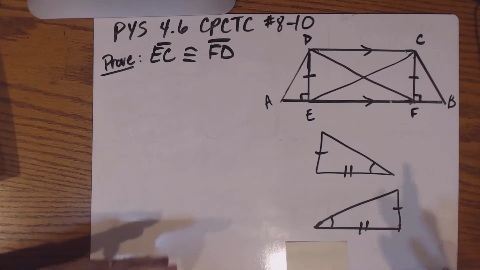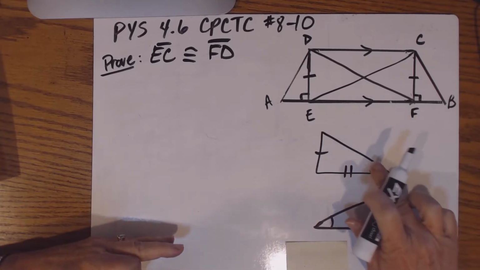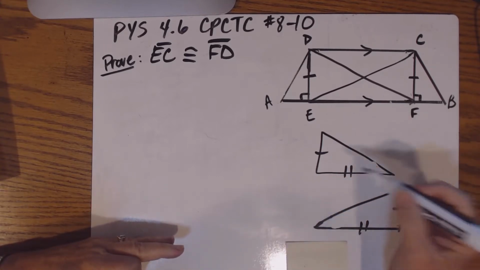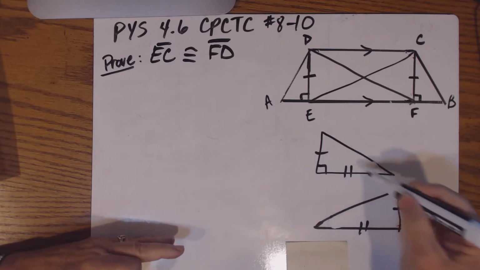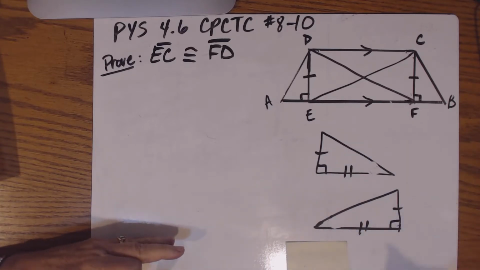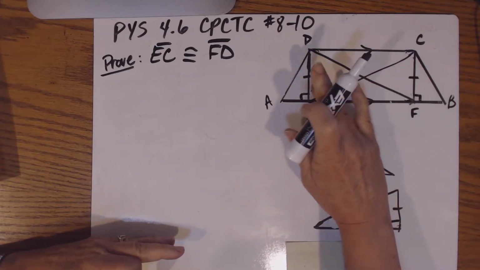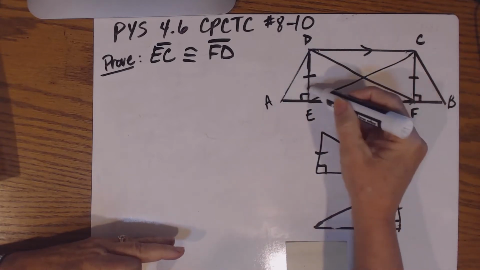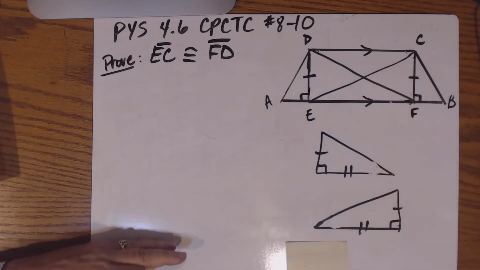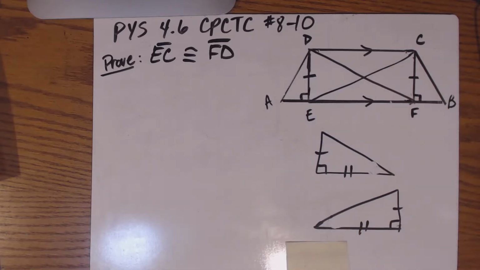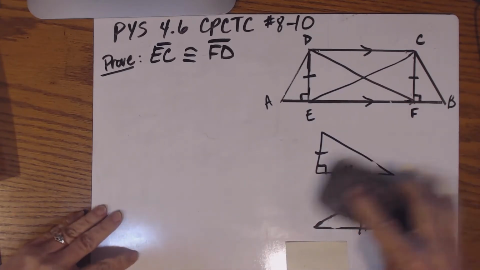And I think I'm going to go back to, obviously that's not going to help me. If I can get this angle, I've got side angle side, right? And I can show that this is a right angle, based on the fact that I know this is a right angle, that one will have to be a right angle. So that's the route I'm going to go, okay?